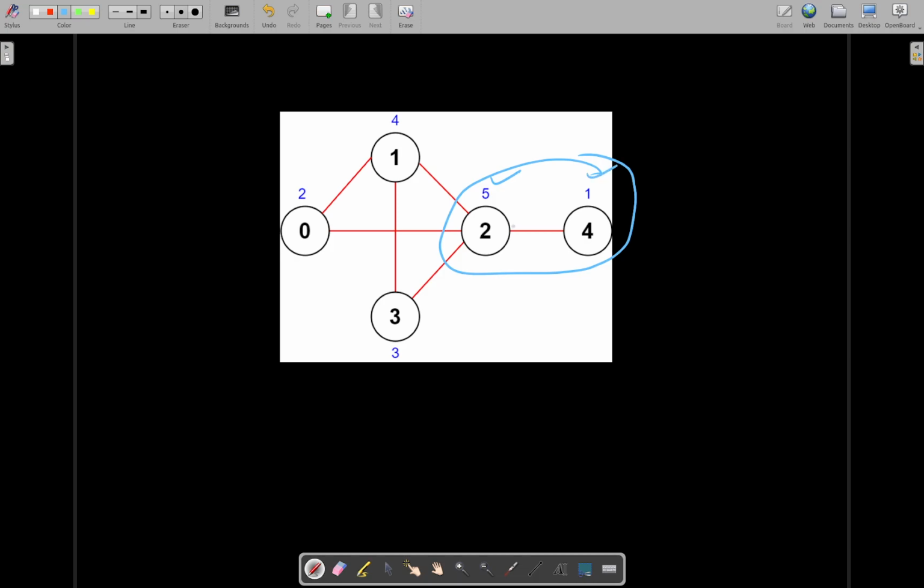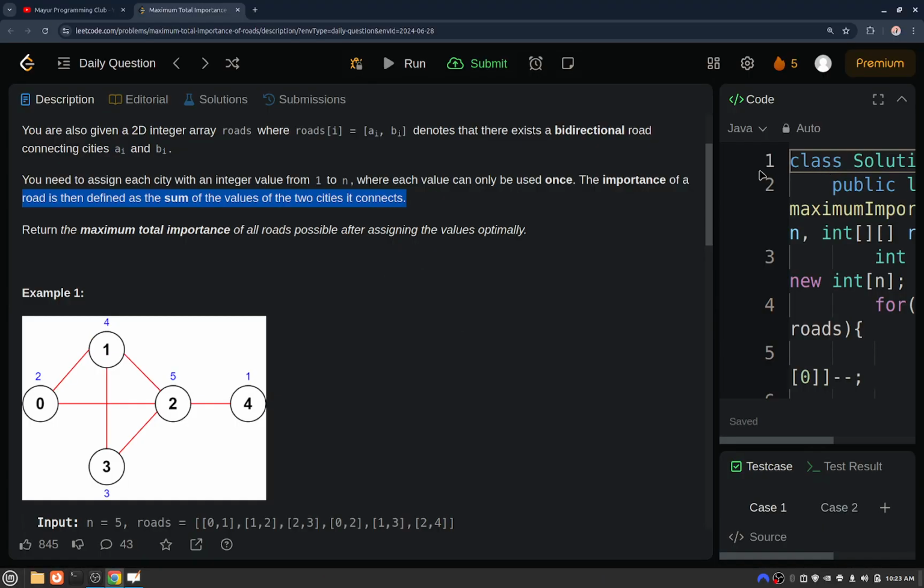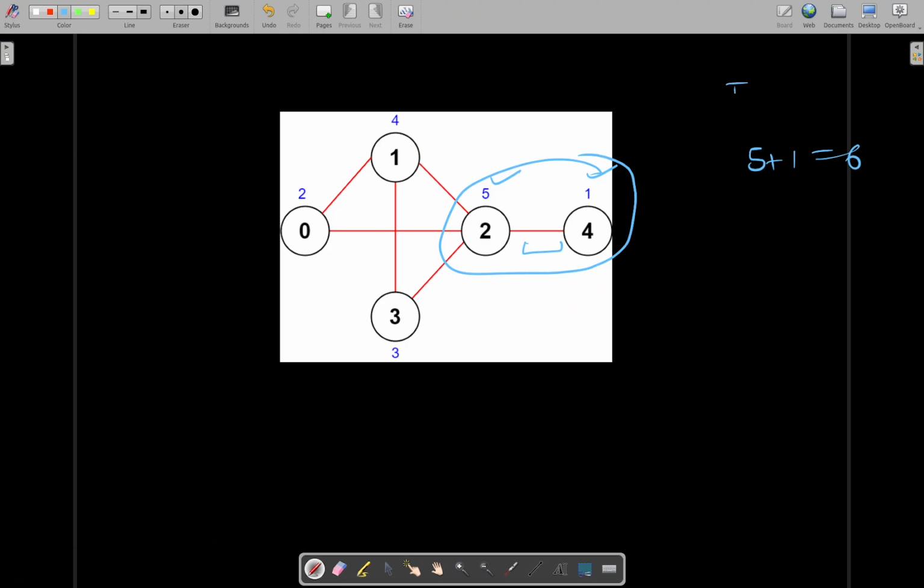Because there is a connection between 2 and 4 by this road, indicated by the red line, the total of these two will be 5 plus 1, which is 6. So the importance will be 6 for the road connecting cities 2 and 4.